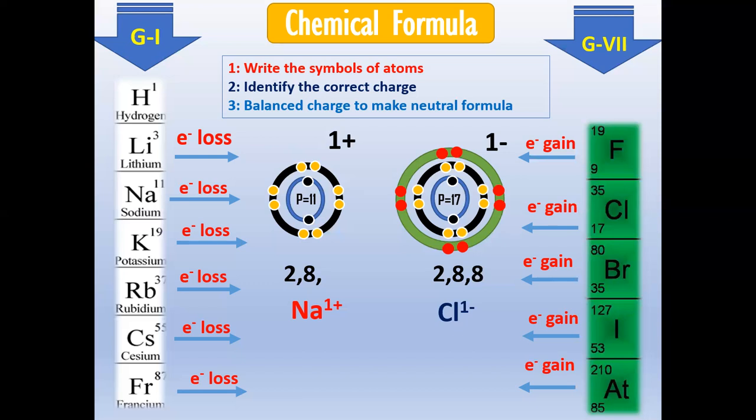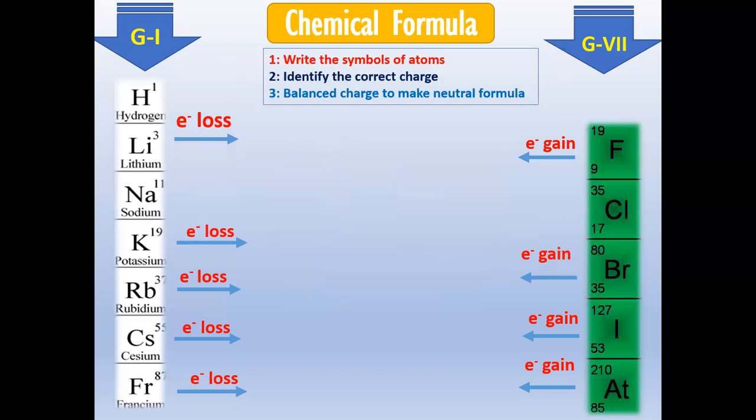How can we write their formula? For writing their formula, we need to write the symbol of the atom with the correct charges from the periodic table, and then balance their charges to make a neutral formula. For example, sodium is losing 1 electron and chlorine is gaining 1 electron, so sodium gets a +1 oxidation state, while chlorine gets a -1 oxidation state.